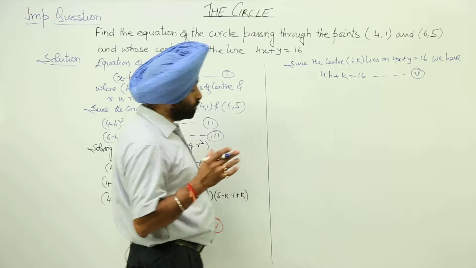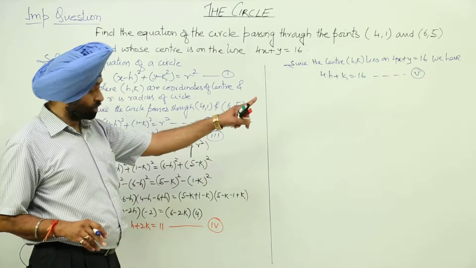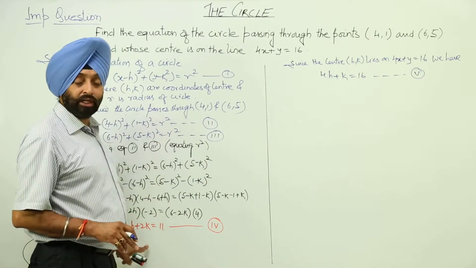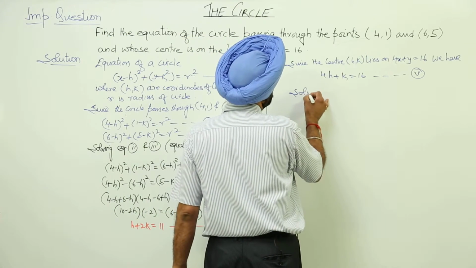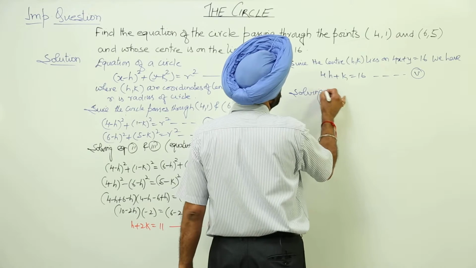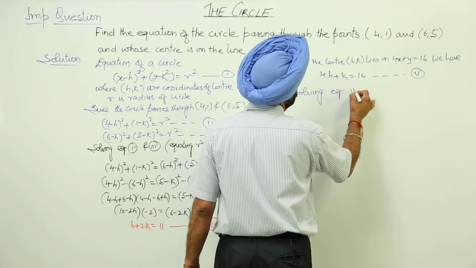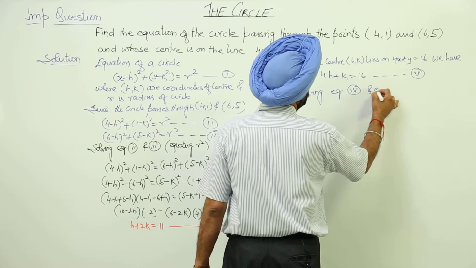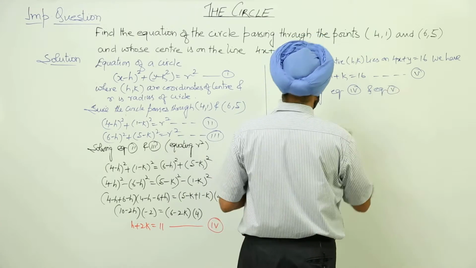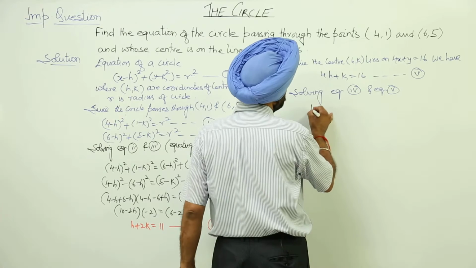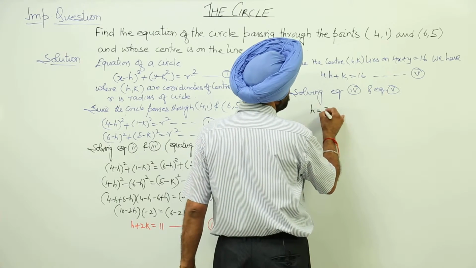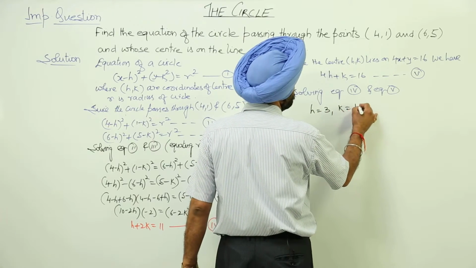Now we are having two equations, equation 4 and equation 5, with the variables h and k. Solving equation 4 and equation 5, now this you have to solve it. We are getting h = 3, k = 4.